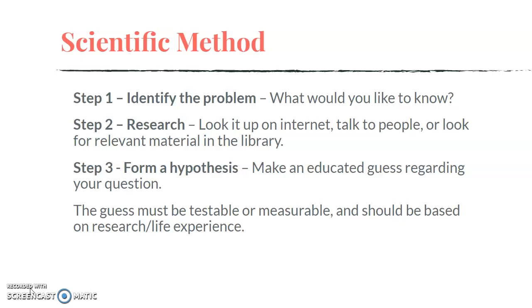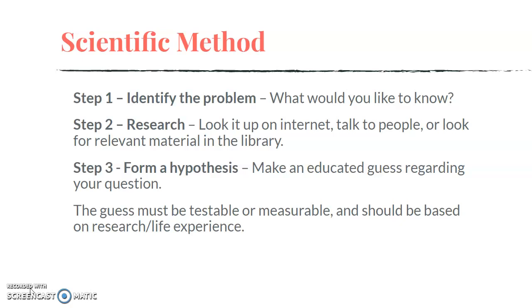These are all ways for you guys to do research. In the toast example, I would probably either talk to my mom about it because she makes excellent toast, or I would look it up on the internet, or look up a recipe. And once I have done my research, I would form a hypothesis, which is step 3.